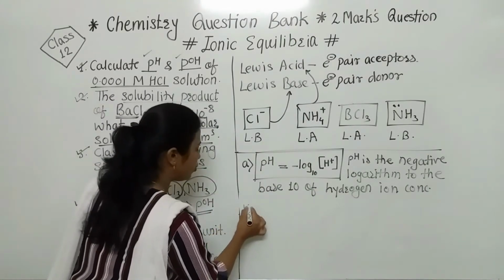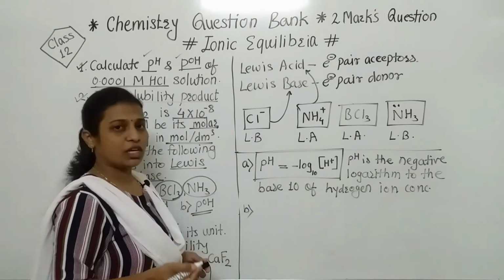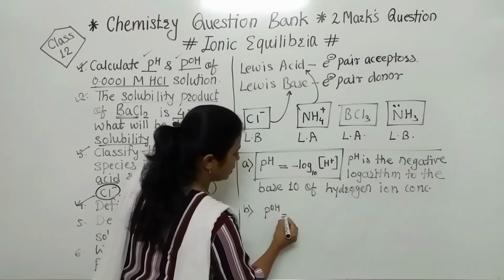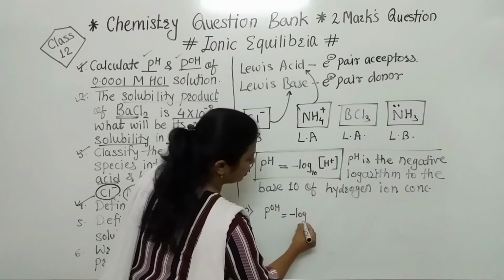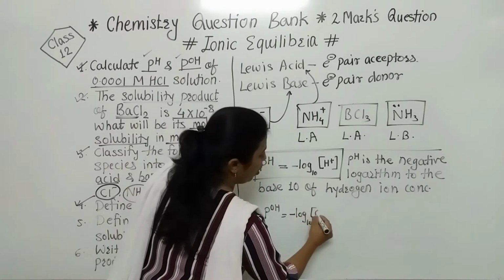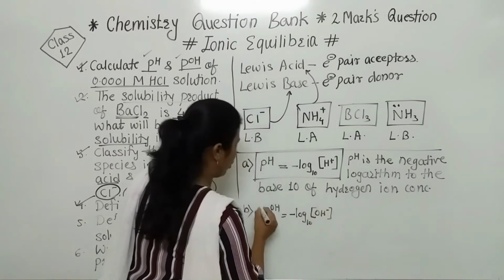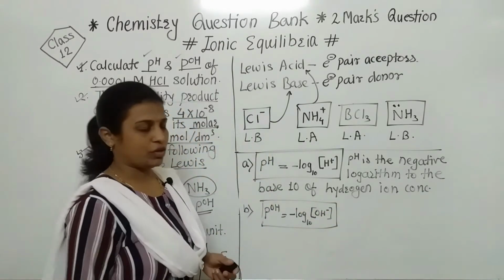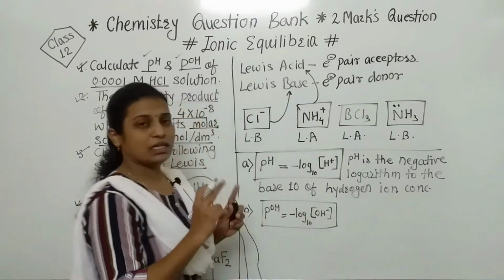Now what about pOH? For pOH also there is one formula: pOH is equal to the negative logarithm to the base 10 of hydroxide ion concentration, that is the OH minus ion concentration. The square bracket indicates concentration.